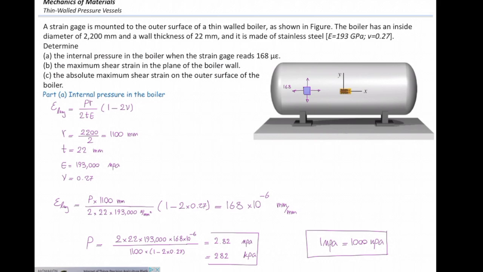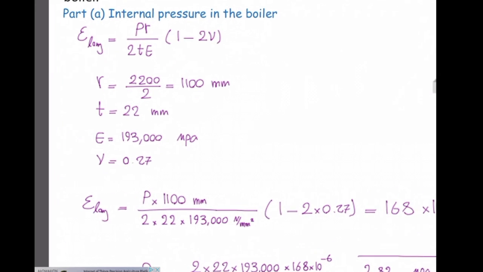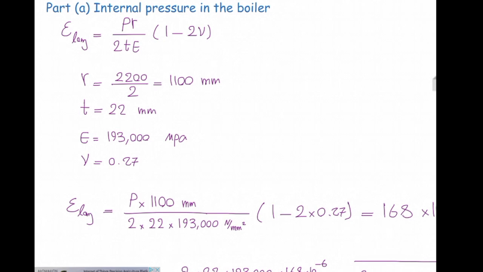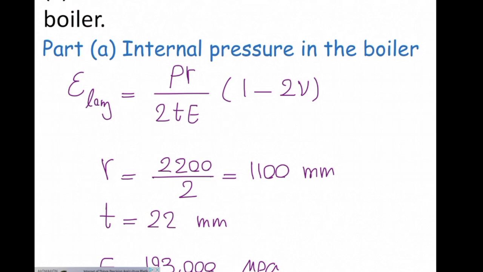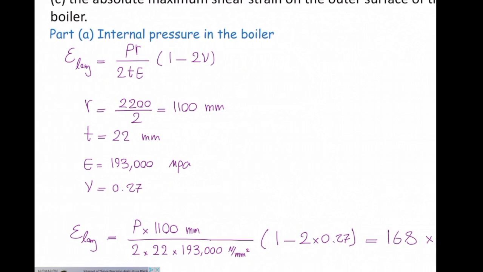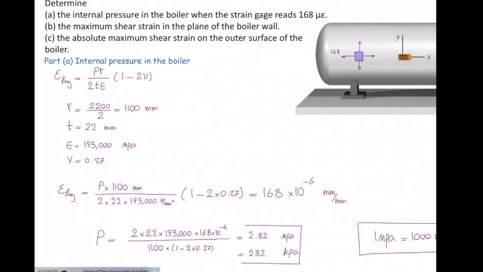To answer that, we need to use the strain in cylindrical pressure vessels, which is a function of internal pressure, radius, thickness, and the material properties. Look at this equation. Everything is known but internal pressure, so I plug the values in and solve for P.